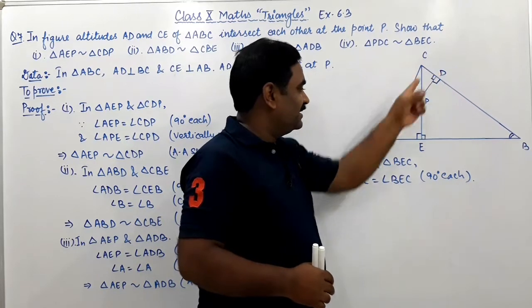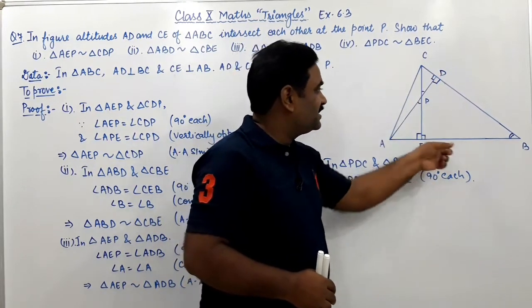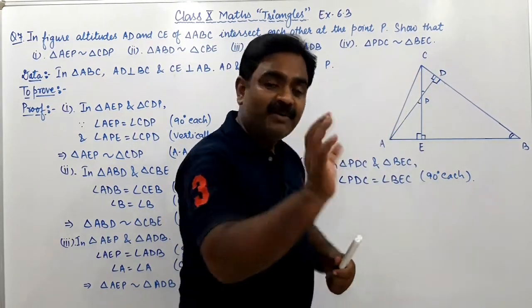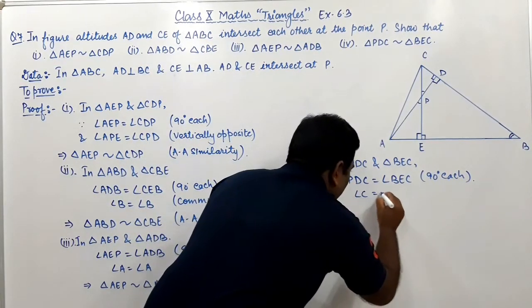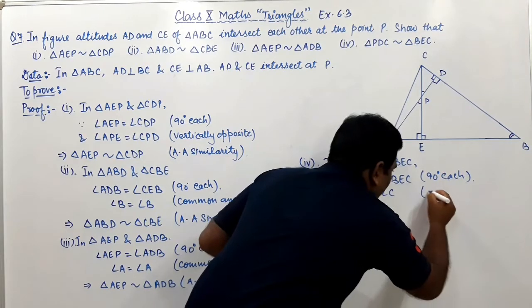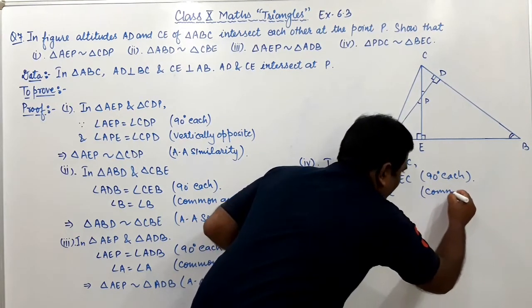PDC, this angle C, and BEC means this angle C. C is common in both the triangle. Therefore, angle C is equals to angle C, which are common in both the triangle.